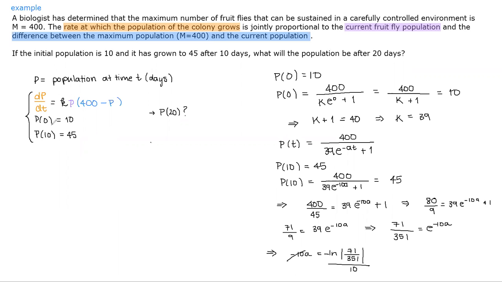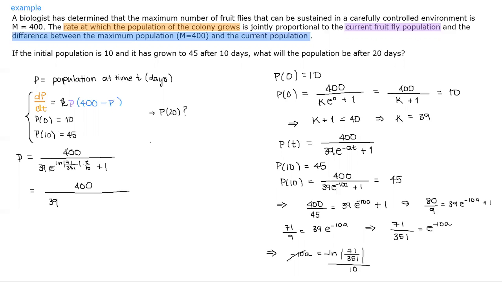So my population P is equal to 400 divided by 39 e to the minus a, so e to the minus this, which means ln of 71 over 351 times t over 10, plus 1, which is equal to 400 over 39.